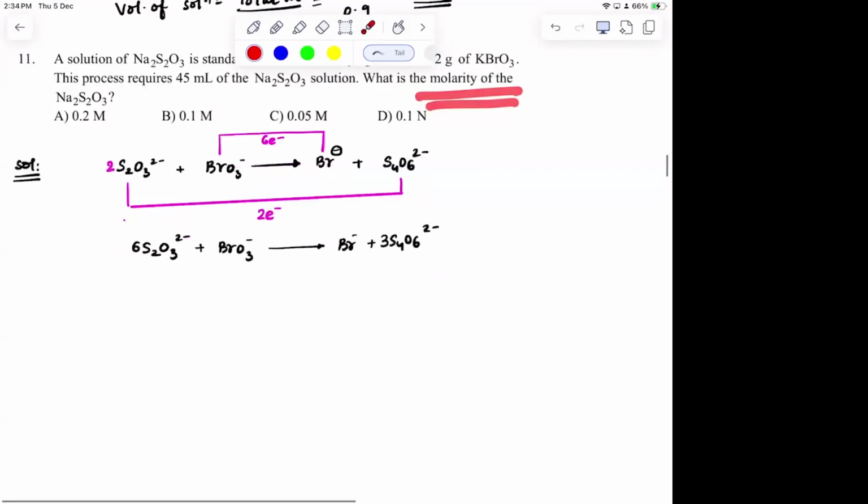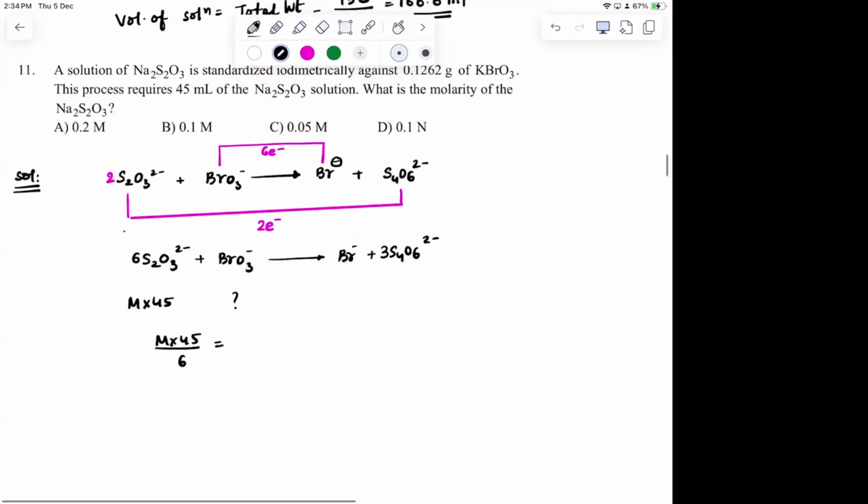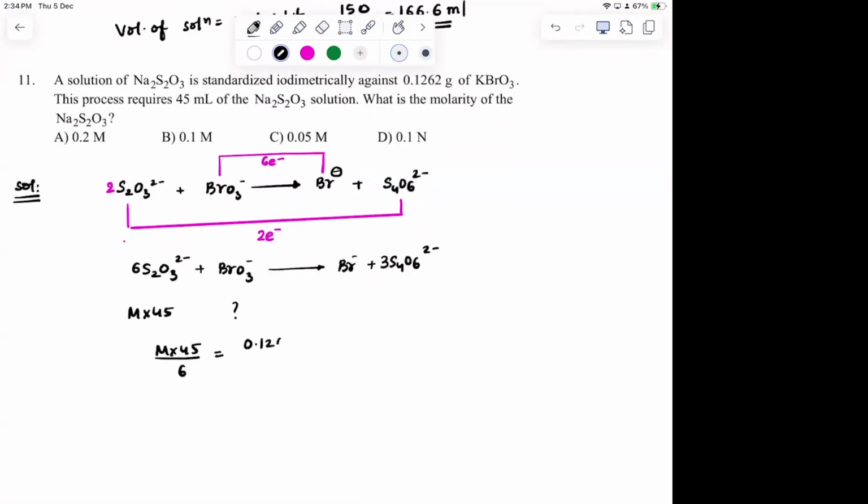So, notice this one. 6 moles of hypo require 1 mole of bromate. Molarity is M. M into 45 gives how many millimoles? So, M into 45 divided by 6 here should be equal to millimoles of KBrO3. And how much is the millimole? 0.1262 into 10 raised to the power of 3 divided by molar mass.